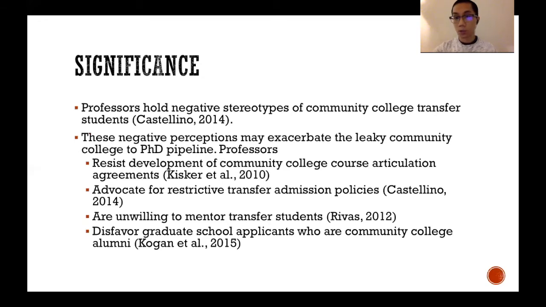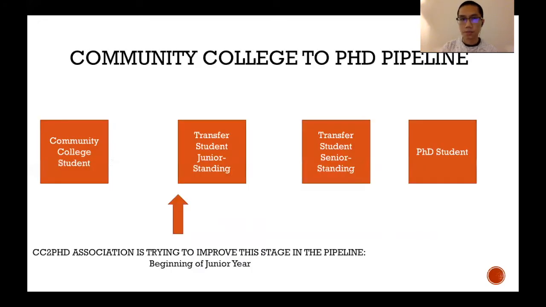These negative perceptions may actually exacerbate the leaky community college to PhD pipeline. Professors resist development of community college course articulation agreements, they advocate for restrictive transfer admissions policies, they're unwilling to mentor transfer students, and they disfavor graduate school applicants who are community college alumni.